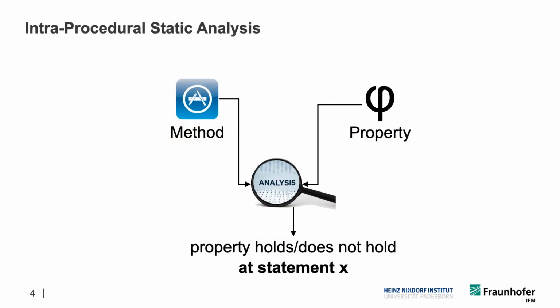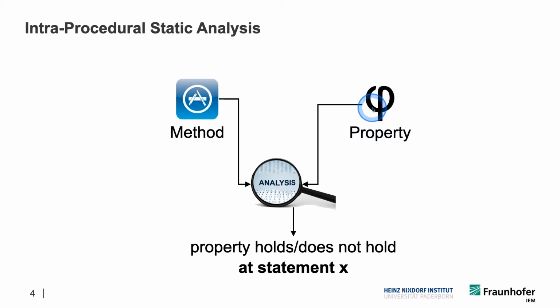Now, in this week and the next, we are looking at intra-procedural static analysis. And here I want to focus now on flow-sensitive analysis. So the general setting is still the same. As an input, we are still receiving a single method of an application or some program code.